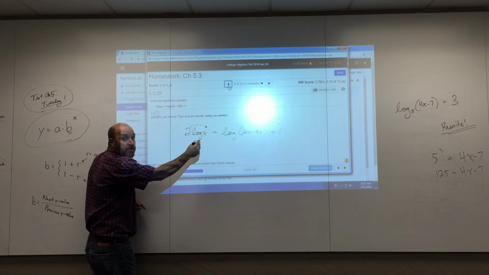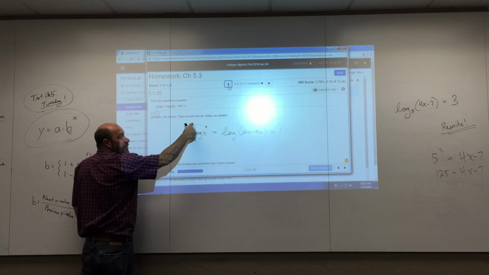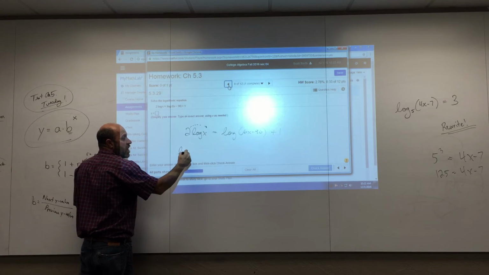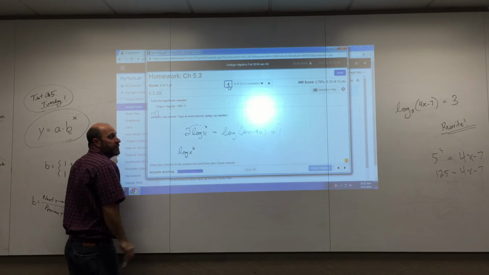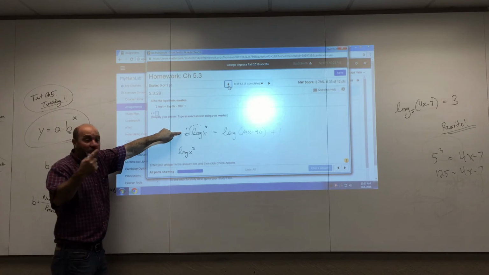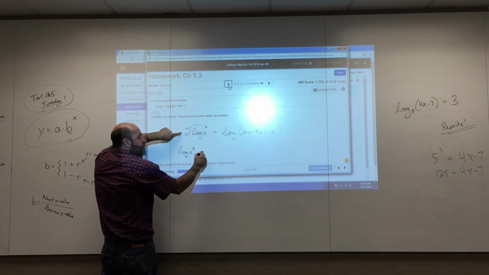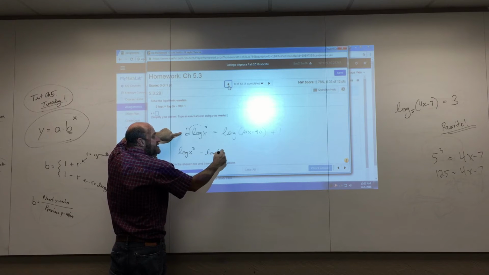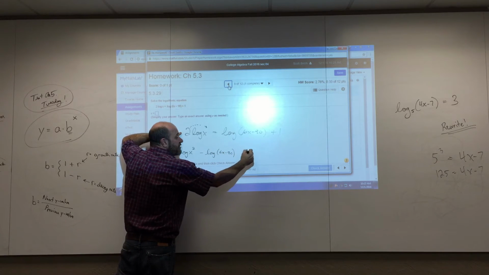So I'm moving the 2 up, calling this the log of x squared. And I'm also moving this log over, so I'm subtracting the log of 6x minus 90, and leaving the 1 over there.